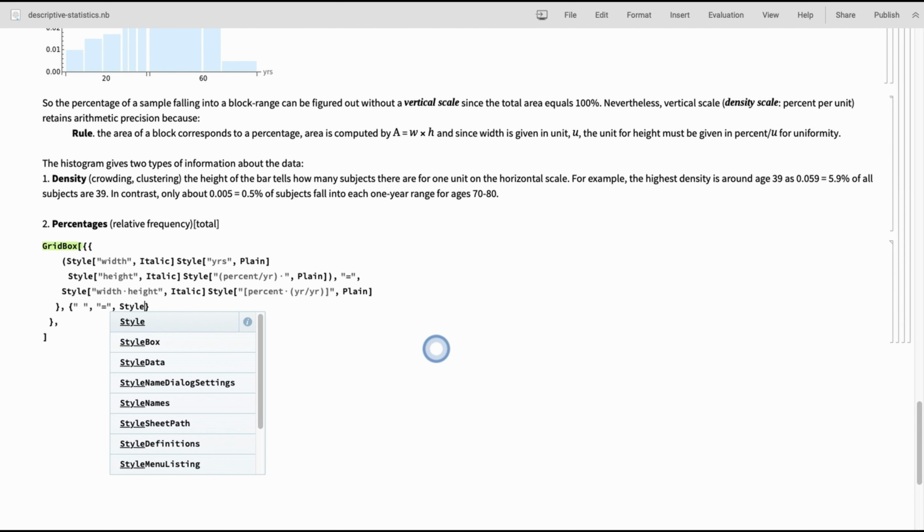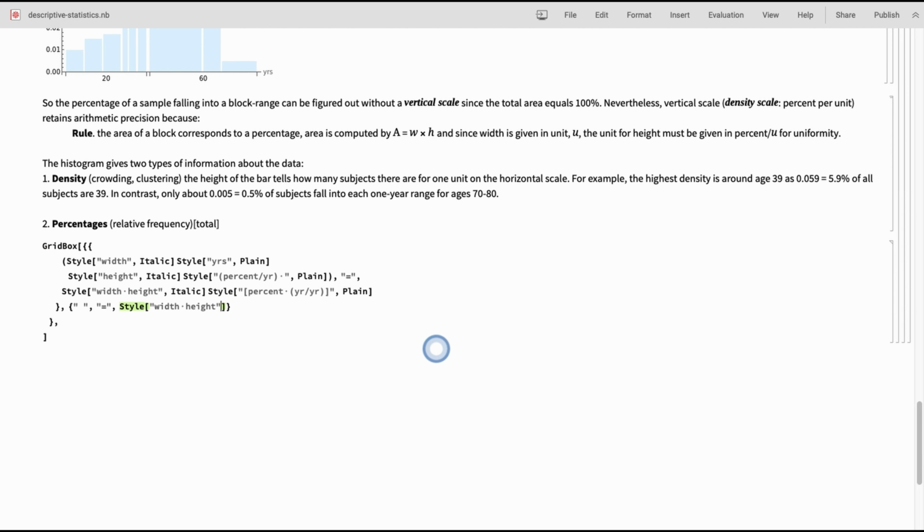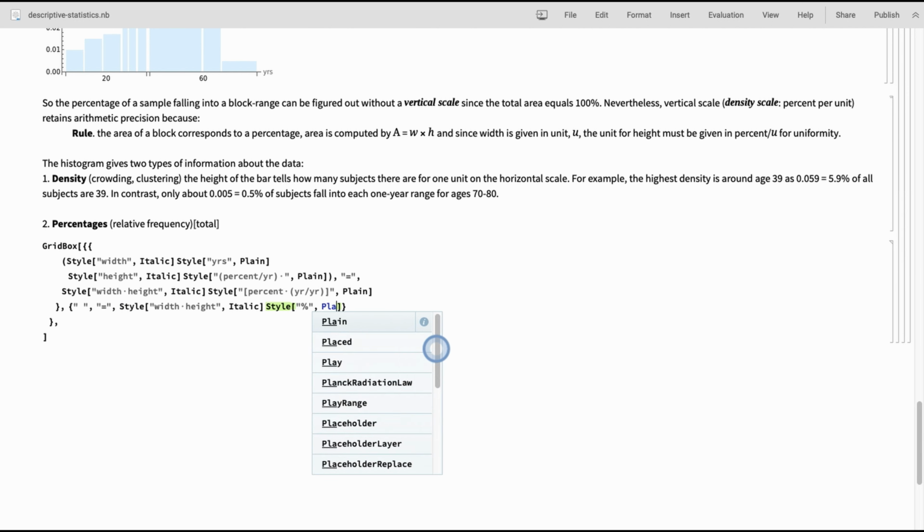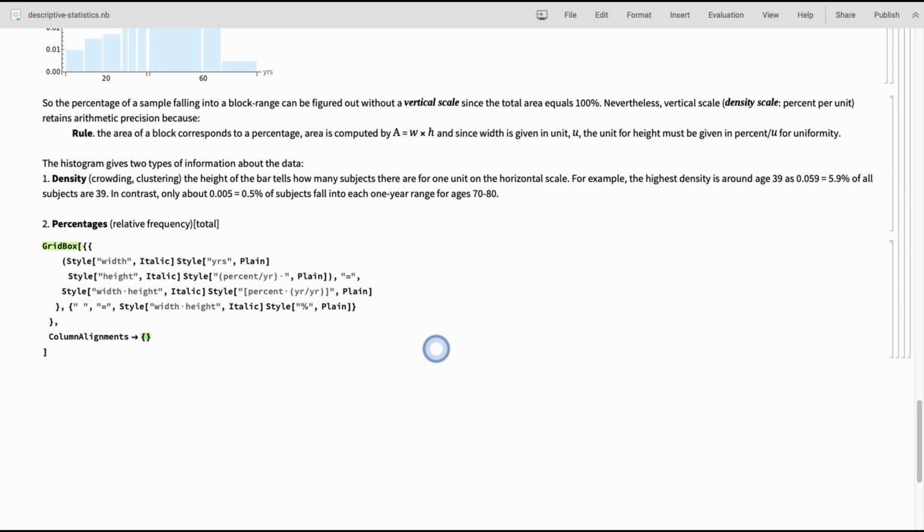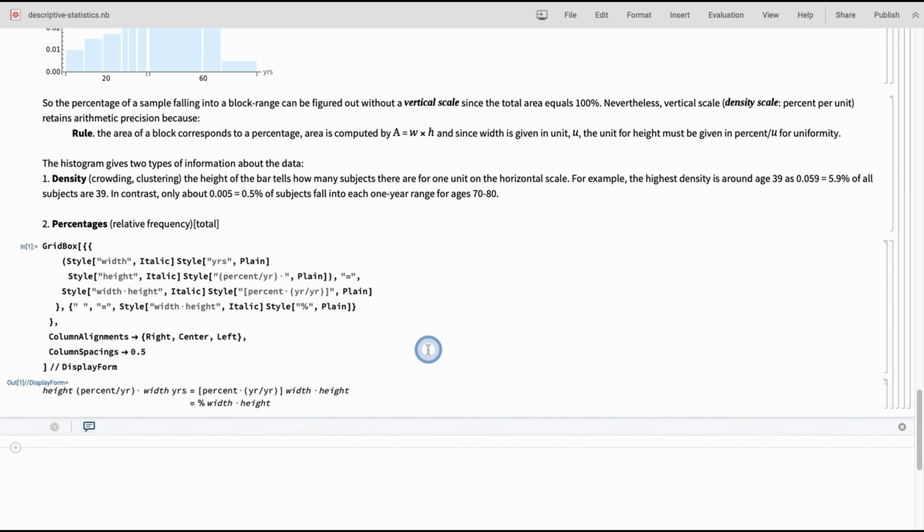So in Mathematica, we do have this function GridBox available to us, and it can be quite useful in terms of matrix computations and things like that, but as far as just typesetting mathematics, it's not going to be our standard solution. I just want to show that you could use it if you wanted to. So here's what that would look like.